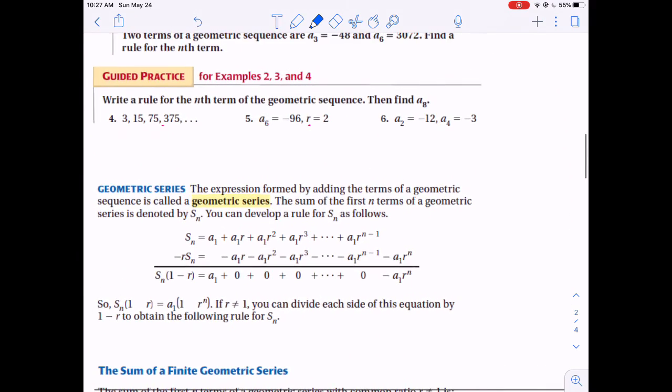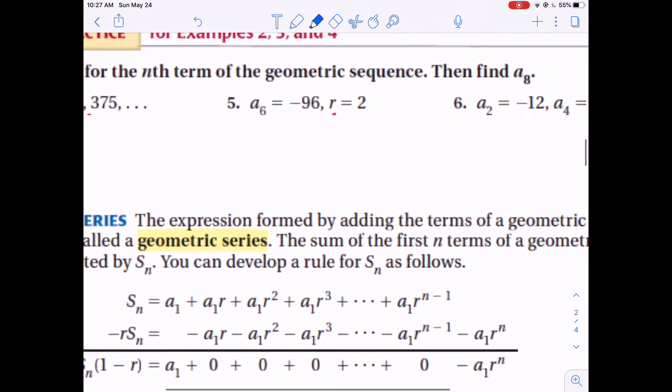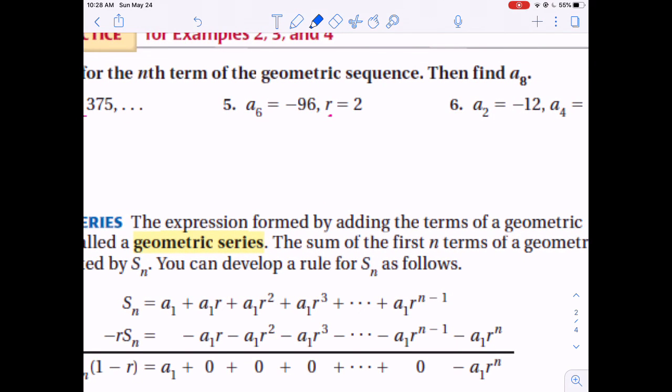Let's see if I can do one more for you here. It's going to be simple. I'll try number 5 here. Again, the basic rule is a sub n equals A1 times r to the n minus 1. So in this problem, we're given the n, the a sub n, and the r. And we're trying to find A1. So I'm going to plug those in.